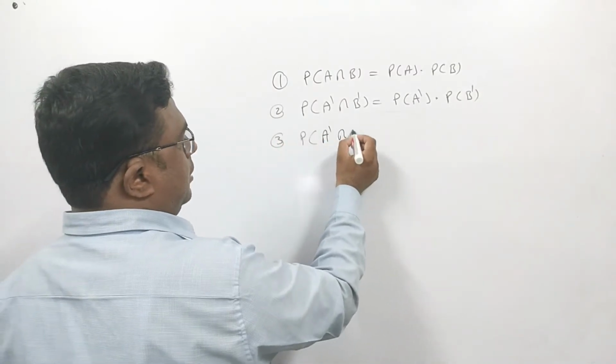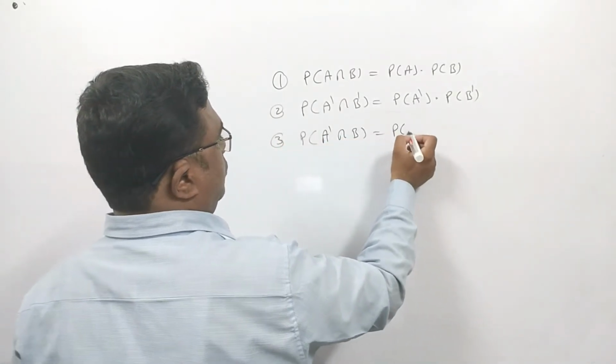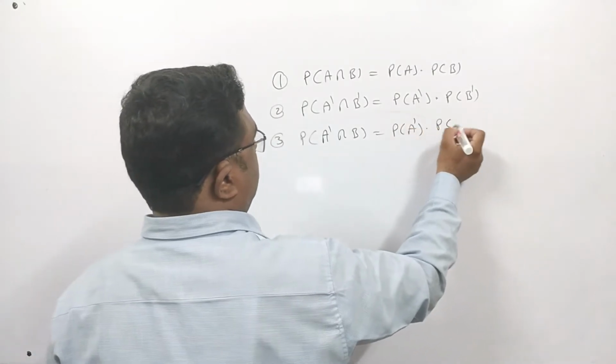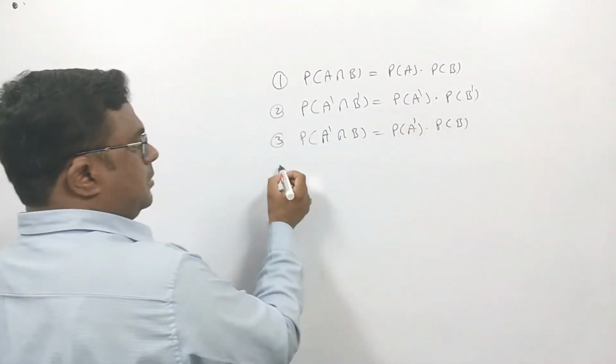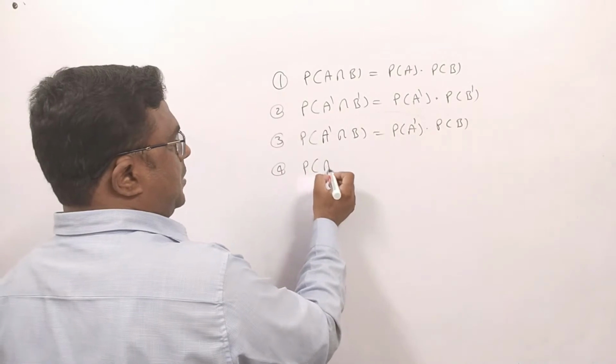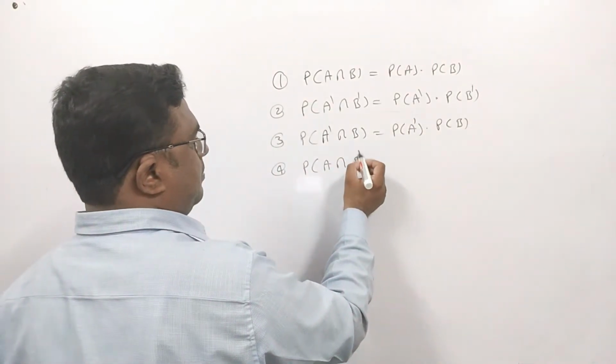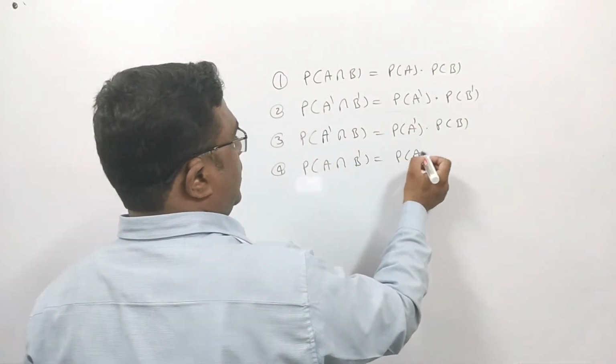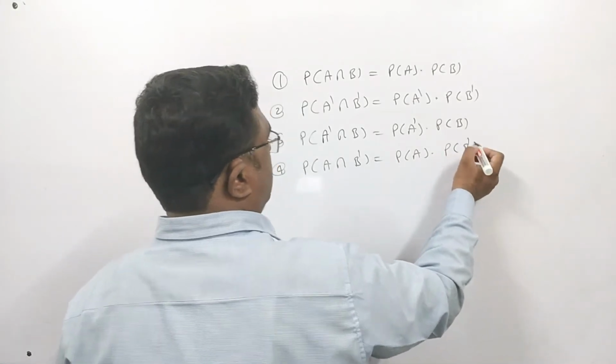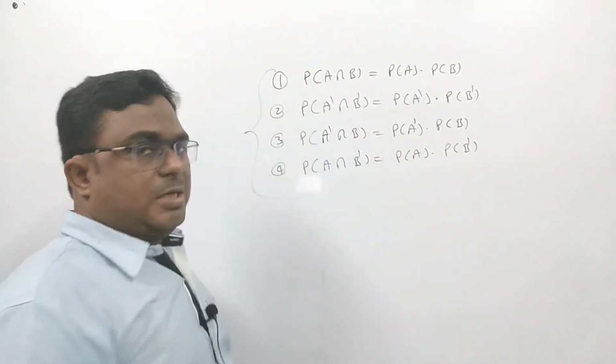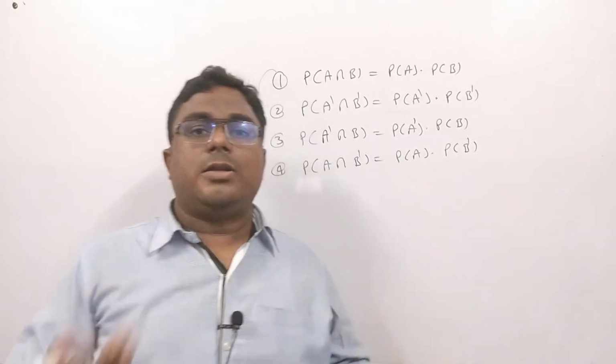P(A dash intersection B) is equal to P(A dash) into P(B). Dash means complement, and at last P(A intersection B dash) is equal to P(A) into P(B dash). So these four properties are for independent events.